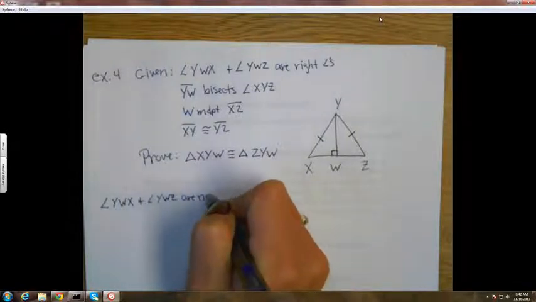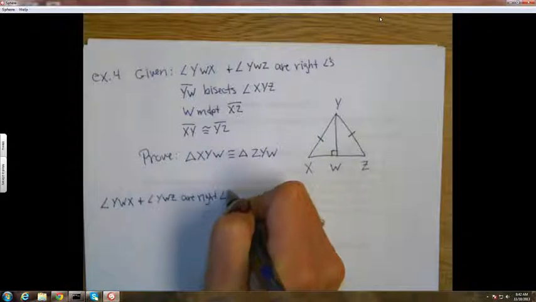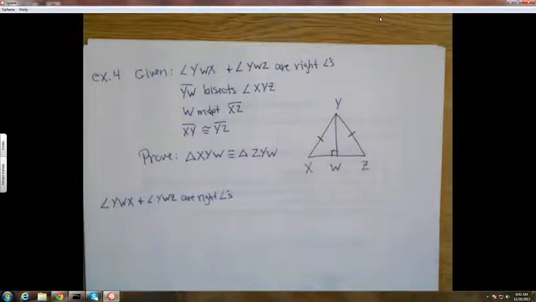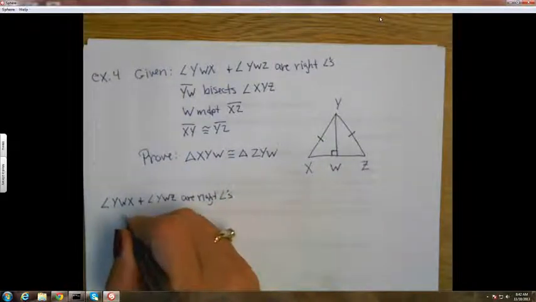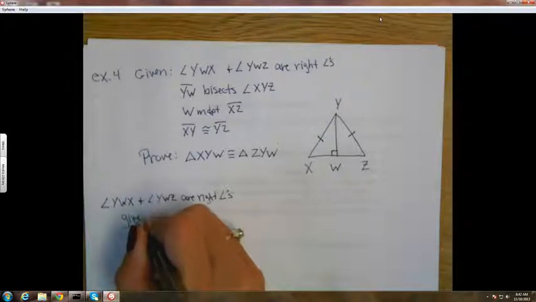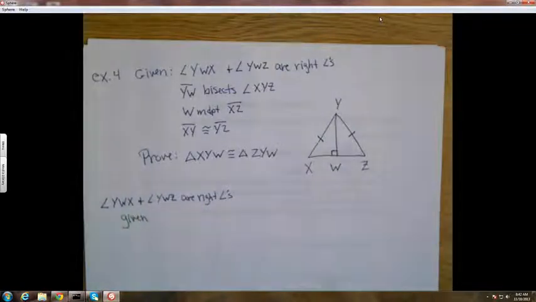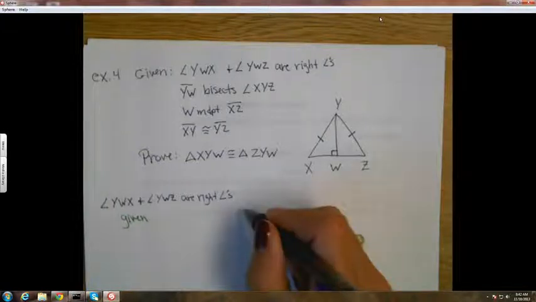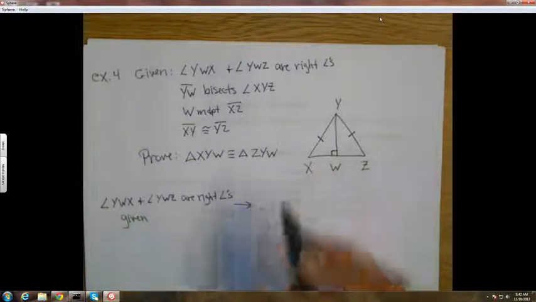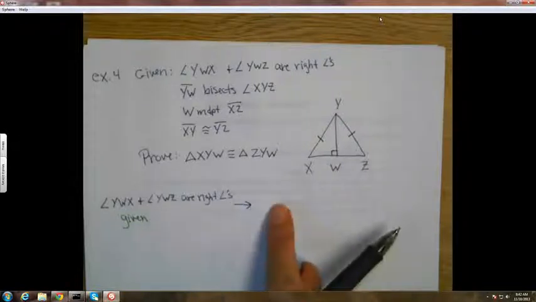No problem. Okay, got right angle. The reason is given. What do I say right after that? Once I got right angles, what can I say about those angles? They're congruent. Every time you see right angles, your next thing should be to say they are congruent.